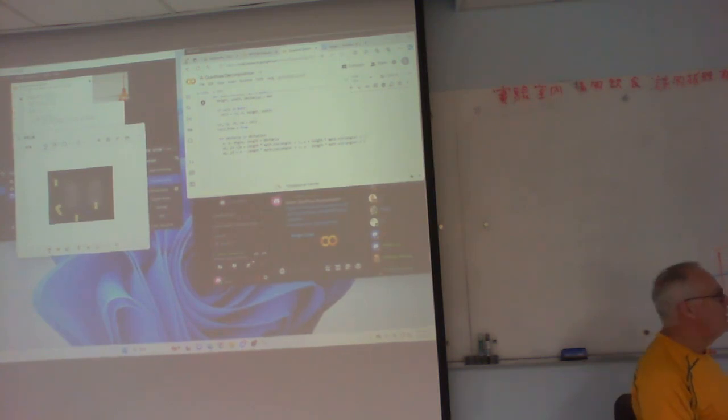Now, it's not sufficient to test if one of the points is inside of the square itself, right? Because if I have this picture, then it's going to say, oh, there's no obstacle in this cell, because this point is outside of the square, this point is outside of the square, right?